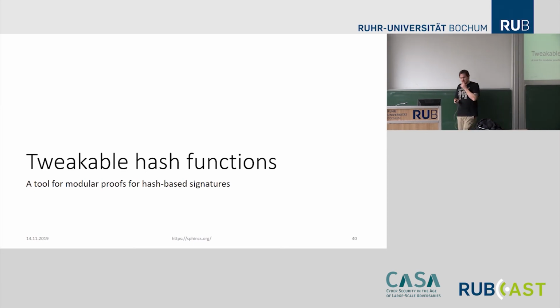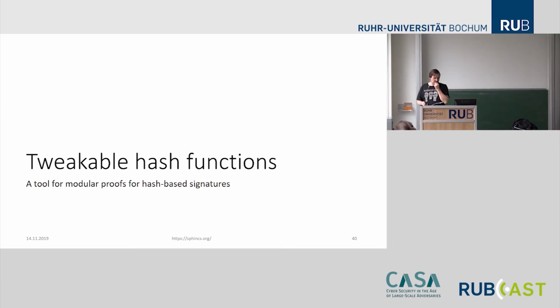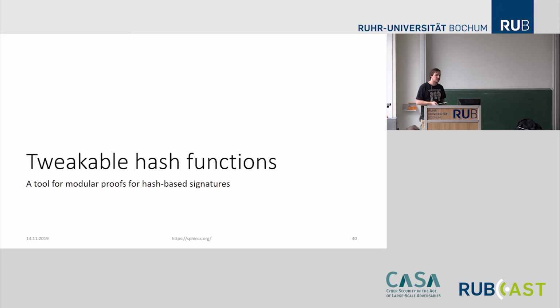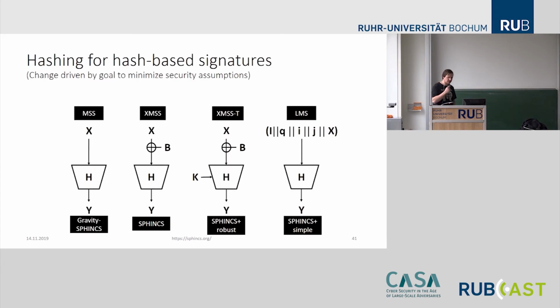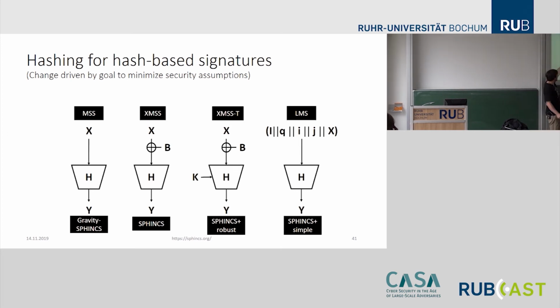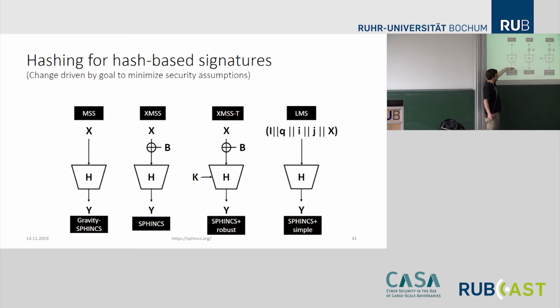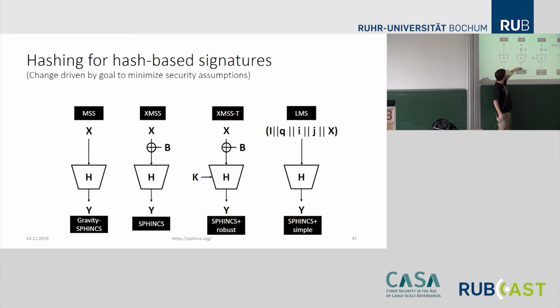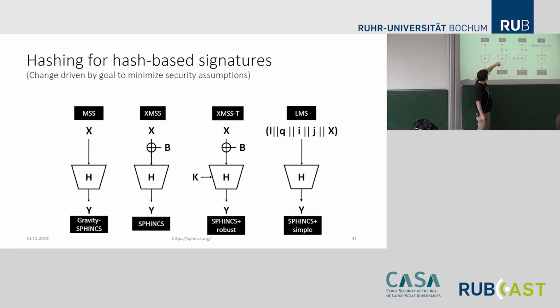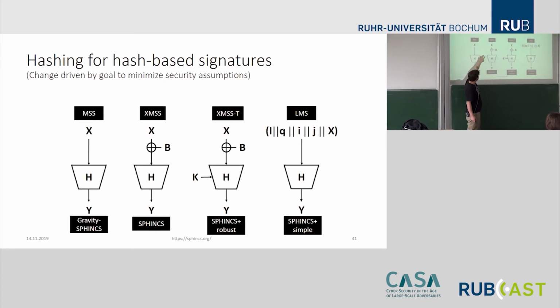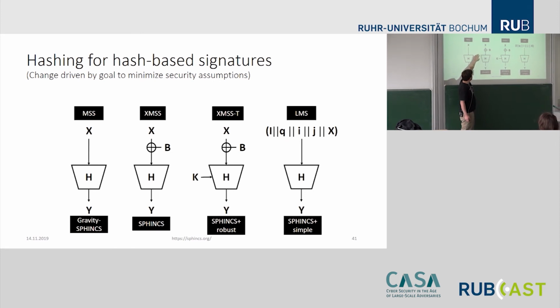The second thing we did in this step was we added an abstraction for these hash functions that we're using. If you look at how hashing in these schemes progressed, that's something I didn't mention before, but in Merkle's original proposal, you would take an input, you would hash it, you get your output. In XMSS, that was actually already in MSS SPR, for the tree at least, you take an input, you XOR it with a random value which is part of your public key, then you hash it.